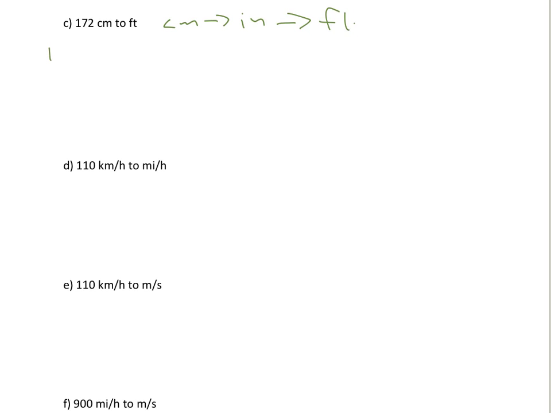So if I start with 172 centimeters, I want to cancel these centimeters out and end up with inches. So I'm going to multiply by 1 inch over 2.54 centimeters using our formula, because 1 inch is equal to 2.54 centimeters. And I'm going to multiply by 1 foot per 12 inches.